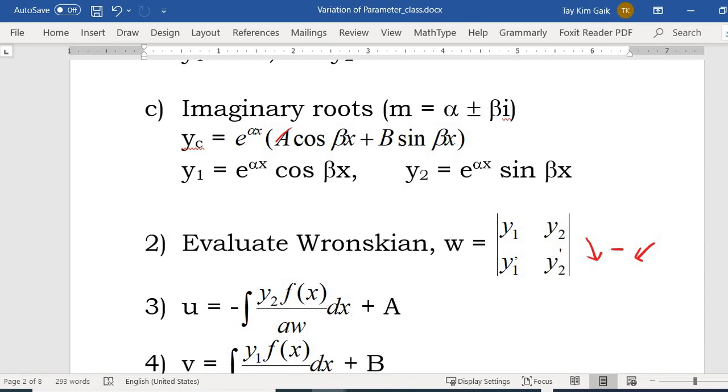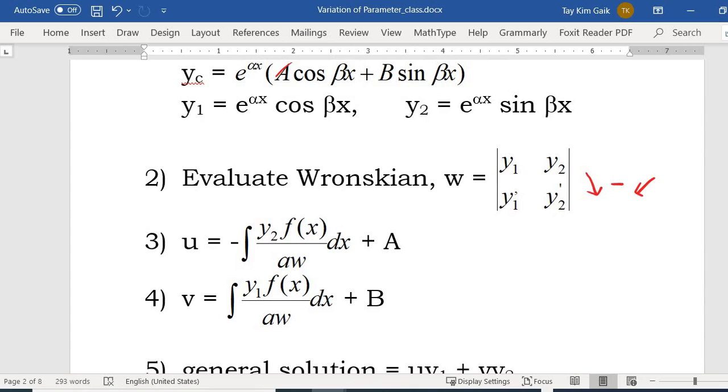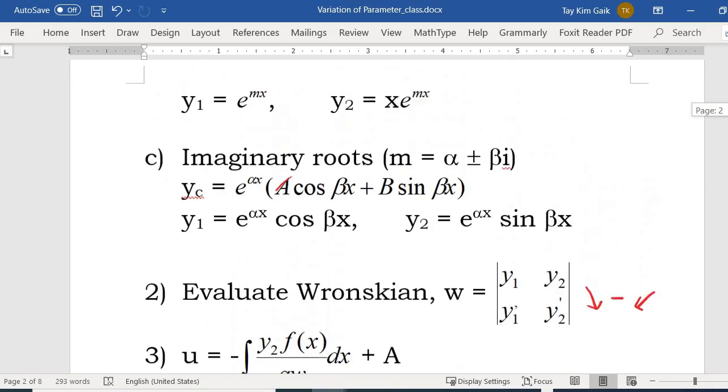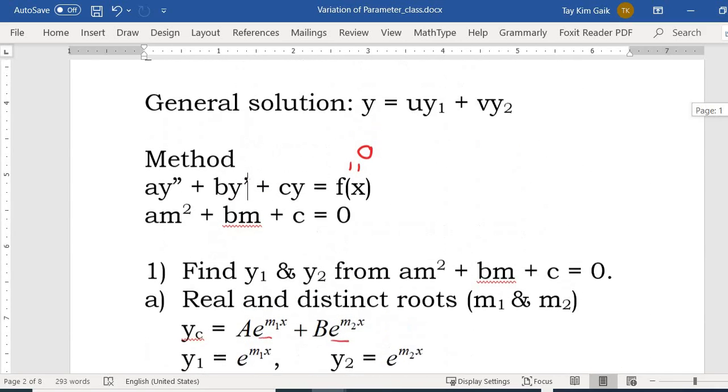After that, u is given by the formula: negative integral of y2 f(x) over aW dx, plus the integral constant A. v is the integral of y1 f(x) divided by aW dx, plus B. Here a is the coefficient of your second derivative.